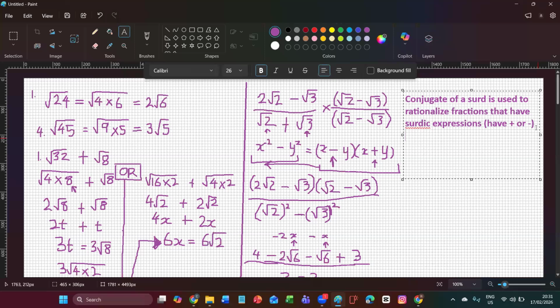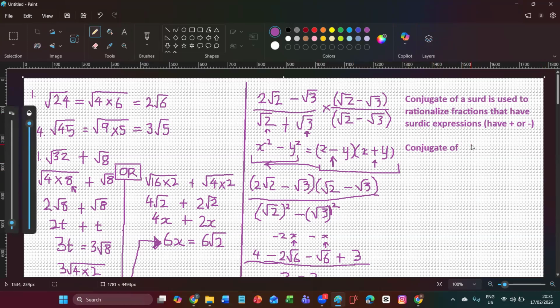So, for instance, the conjugate of 1 plus root 2 plus root 3 is 1 minus root 2 plus root 3.